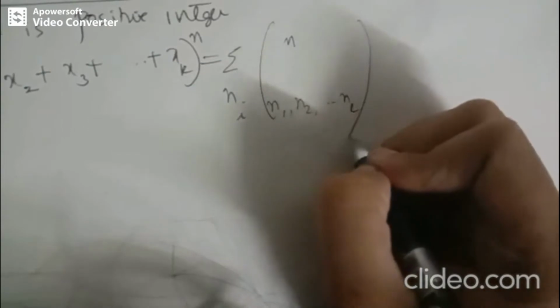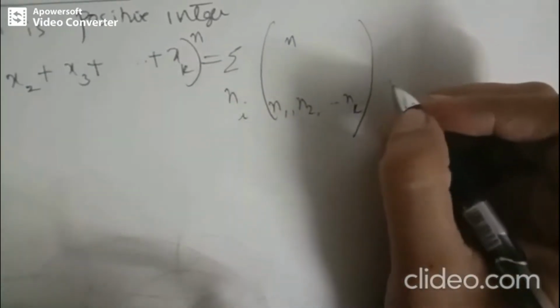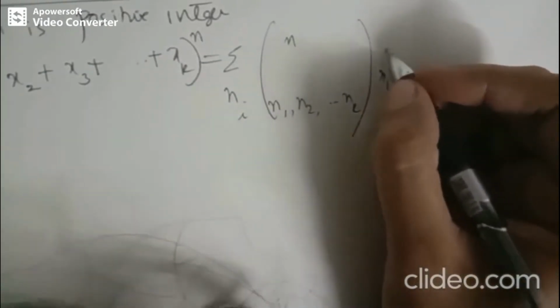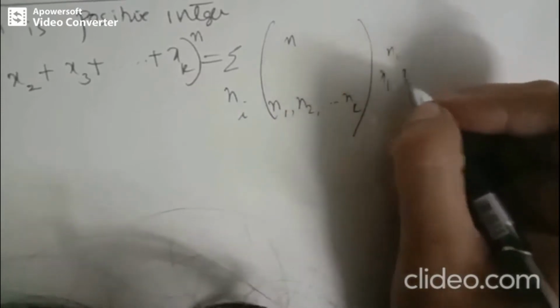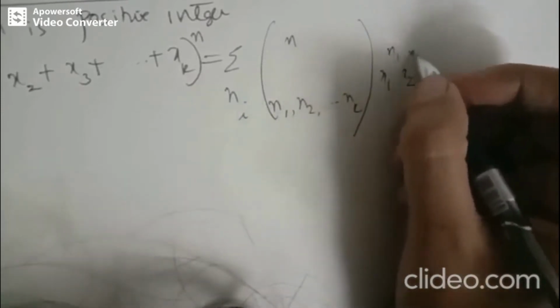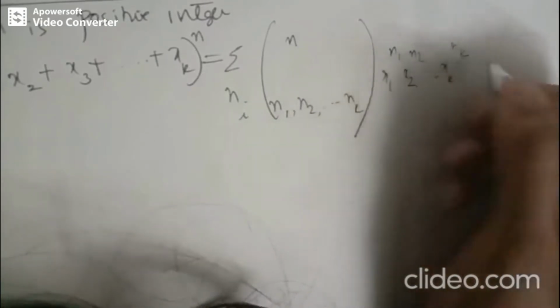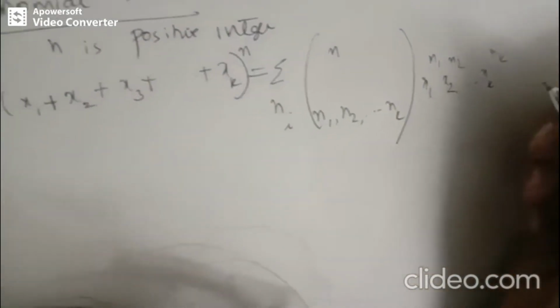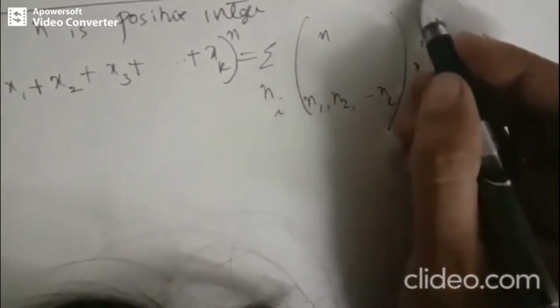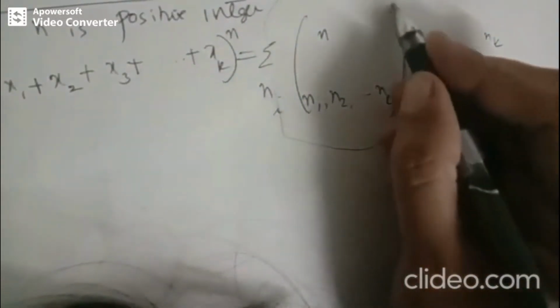We have k terms, right, into x1 raised to n1, x2 raised to n2, and so on into xk raised to nk. So this is your multinomial theorem, and this represents exactly the multinomial coefficient.